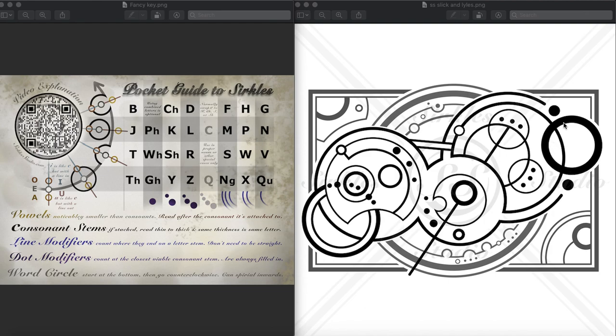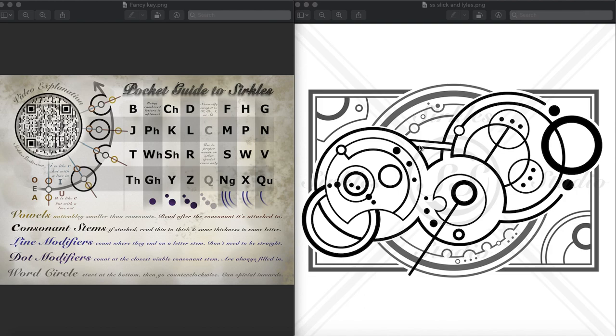And then our next letter is this circle on the line of the word circle. So we're in this row, and it's important that these border circles don't end on this letter, otherwise they would count as lines, but they're not connecting, so they don't count. There are 2 dots by it though, so that makes it a Y in the bottom row here. Here's another L, just like this L. And then we have an E all by itself on the line of the word circle with no modifiers.